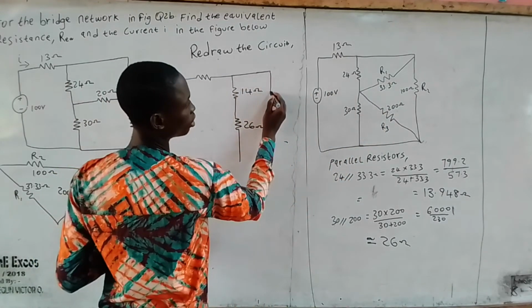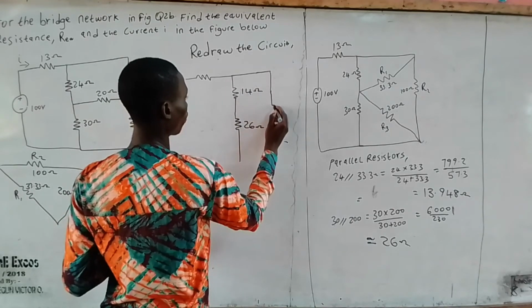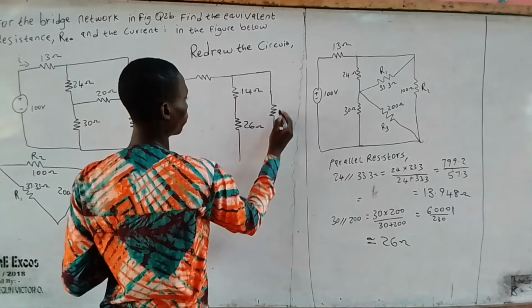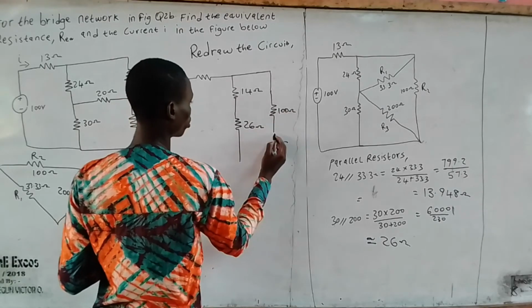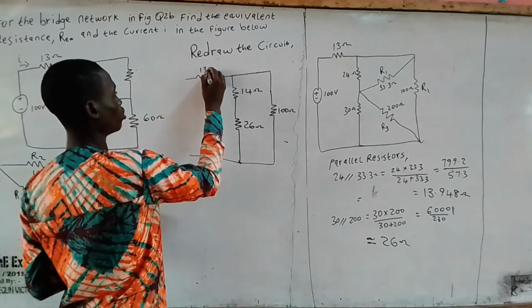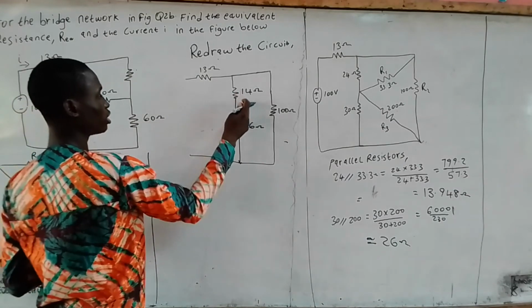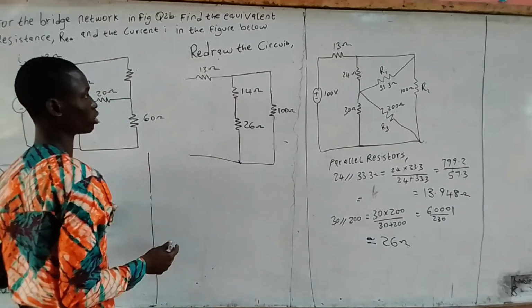Then we're left to do this here. And this will be 100 ohms. Okay. Join it together. These two are in series, so I'll add them together. 14 plus 26 will give us what?